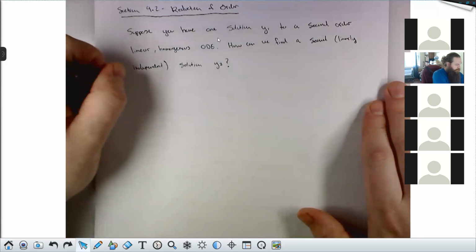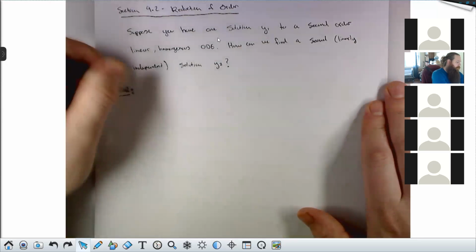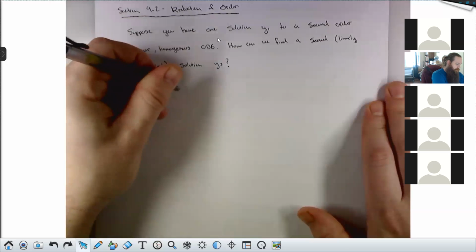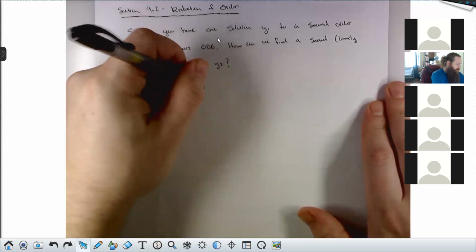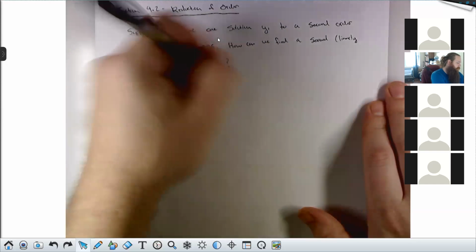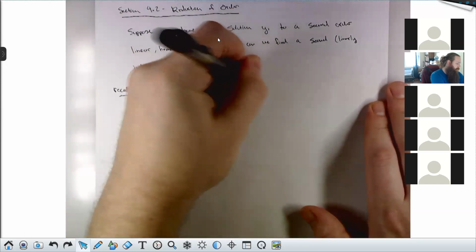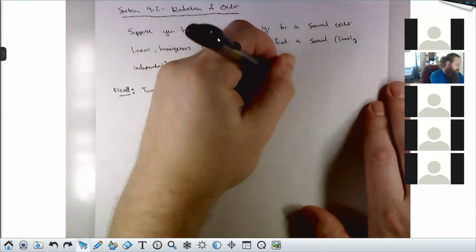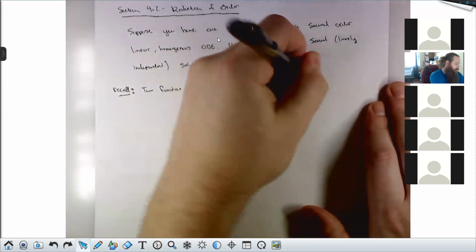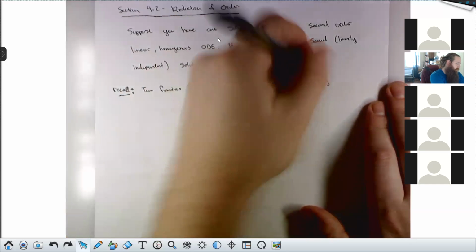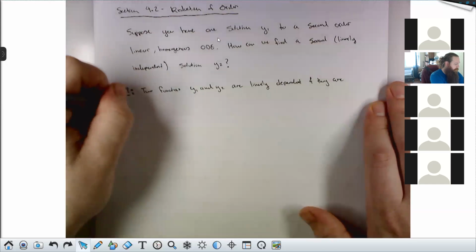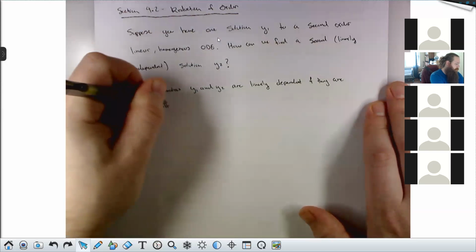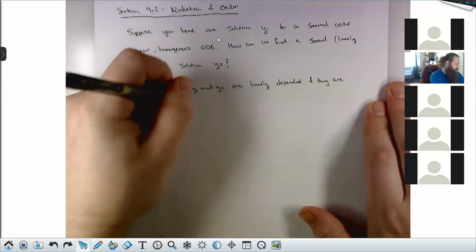Recall, two functions y1 and y2 are linearly dependent if they are constant multiples of each other.